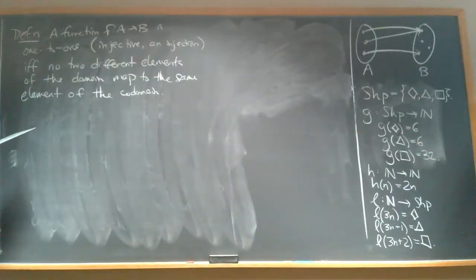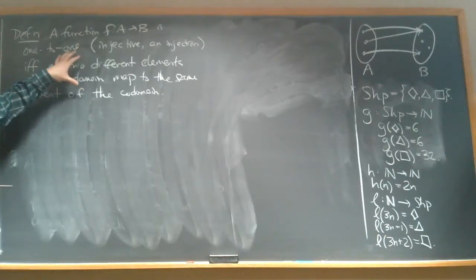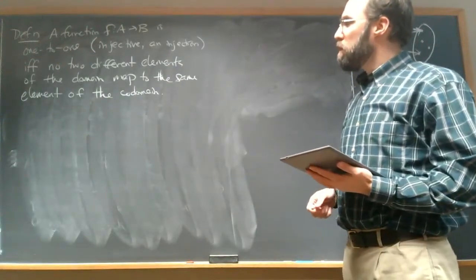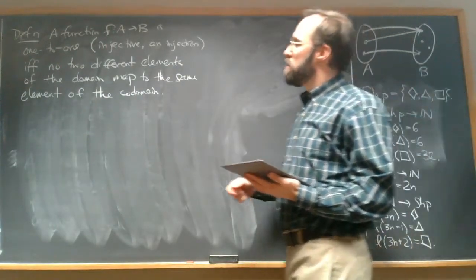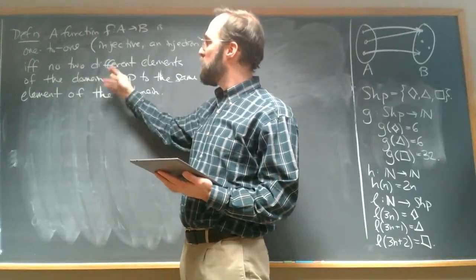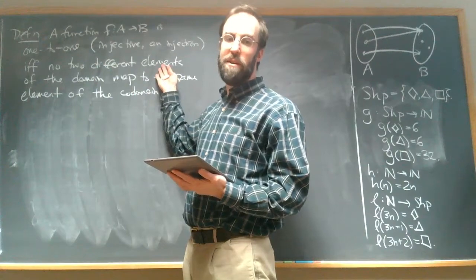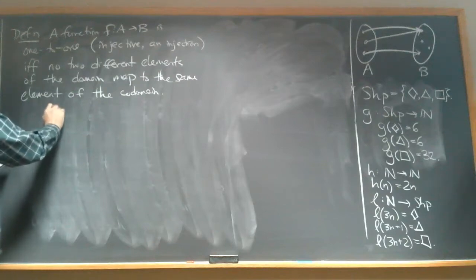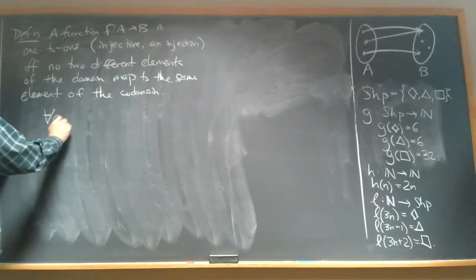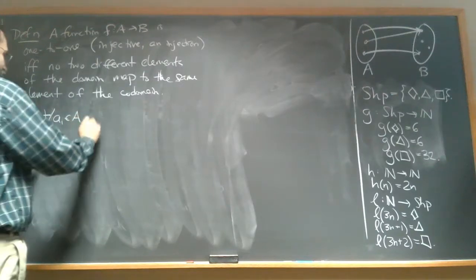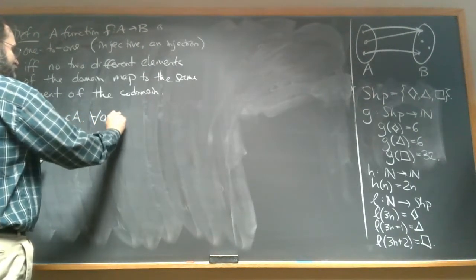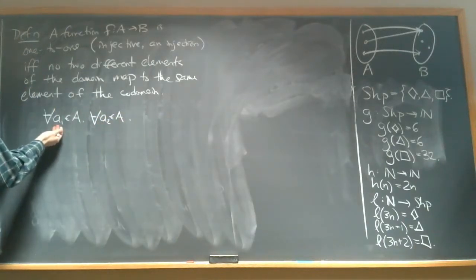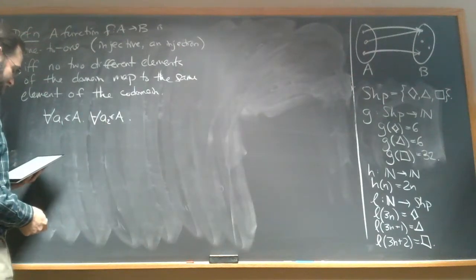Okay, it's worth taking this English statement that I made, and we're going to rewrite it using propositional logic. So when we say no two different elements, we're actually making a statement about, for all elements, something is not true. So I could translate this as: for all a1 in A, for all a2 in A. For any a1 I pick and for any a2 that I pick, what should be true?